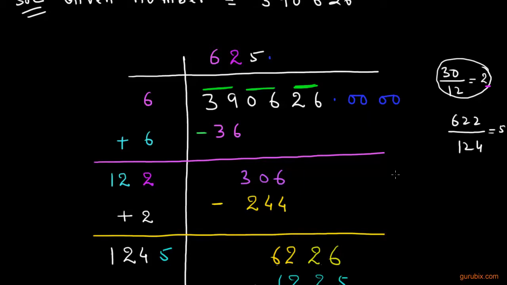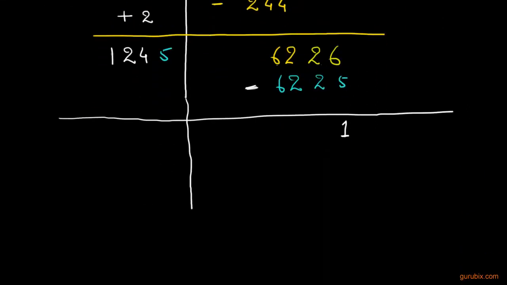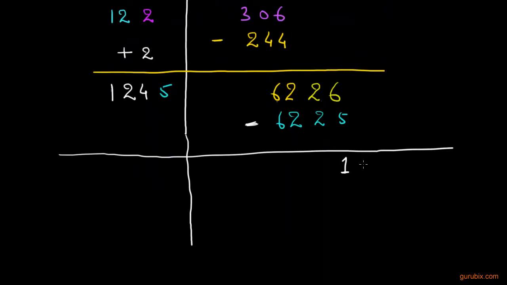And because we have to find the square root up to 2 decimal places, we shall add 2 pairs of zeros on the right side of the decimal point. And now these 2 pairs of zeros are the next periods. So we shall continue our method of finding the square root.